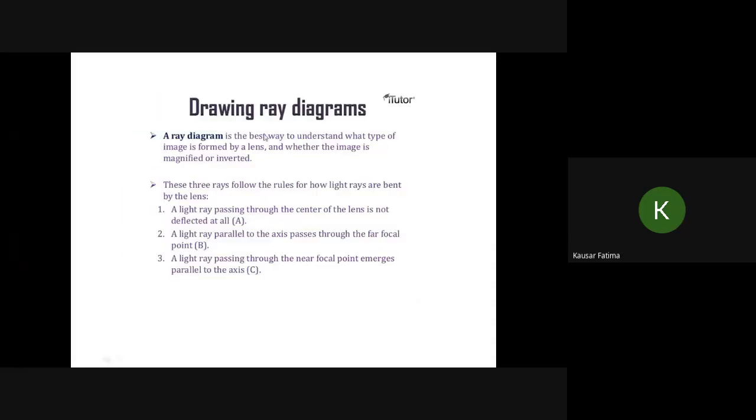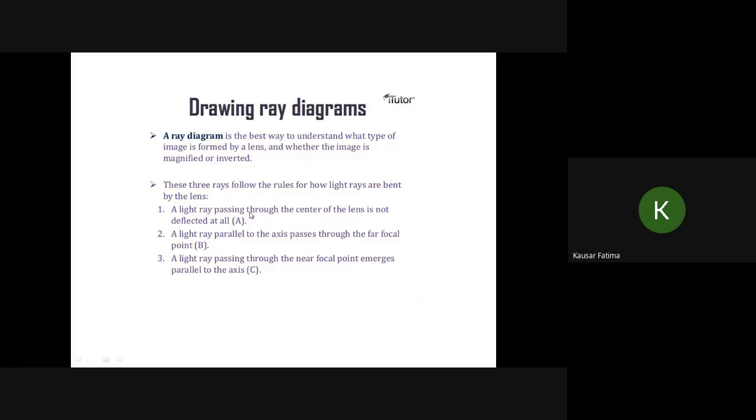How to draw the ray diagram? A ray diagram is the best way to understand the type of image that is formed by a lens, whether the image is real, virtual, magnified or diminished, upright or inverted. These are the rules which are to be followed in all ray diagrams.